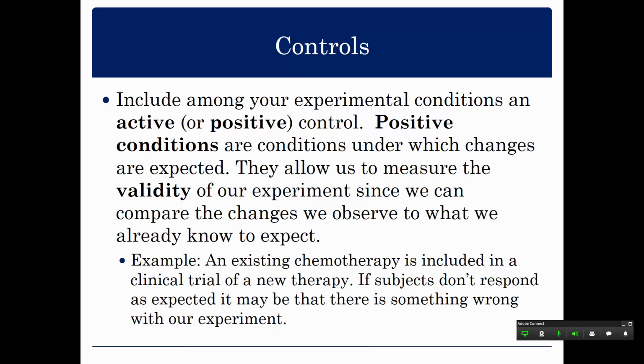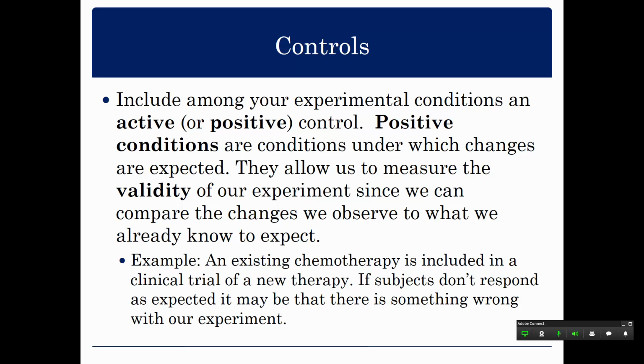So one thing that this positive condition or standard of care allows us to do is to make sure our experiment's valid. If we see unusual changes in that control group, we might want to take a closer look at what we're doing. It might be that we're not applying the treatment to the right population, for instance.